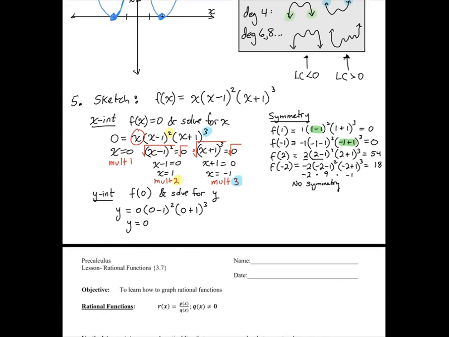So we have a graph that's going to behave like a line around x equals 0, behave like a parabola around x equals 1 and behave like a cubic around x equals -1, right? But then we also want to take into account the behavior of the function itself, right?